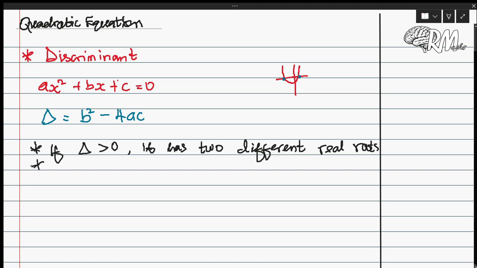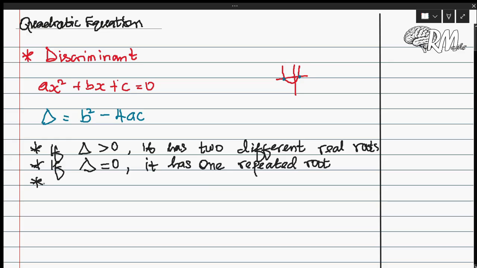Now condition 2, if delta equals 0, then it has 1 repeated root.